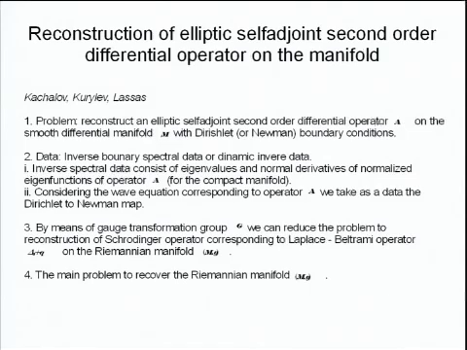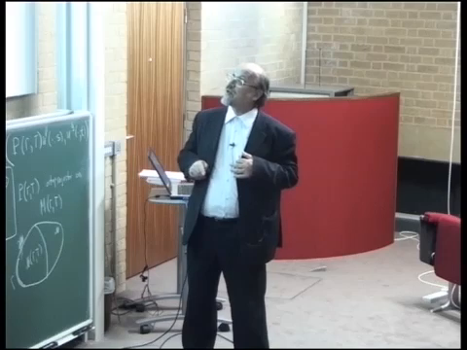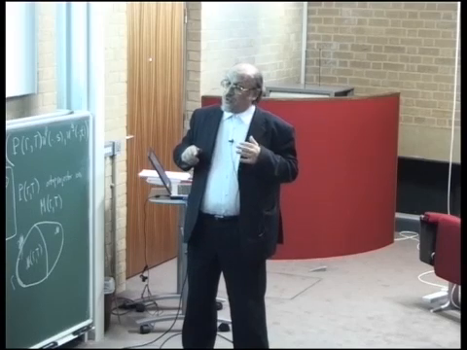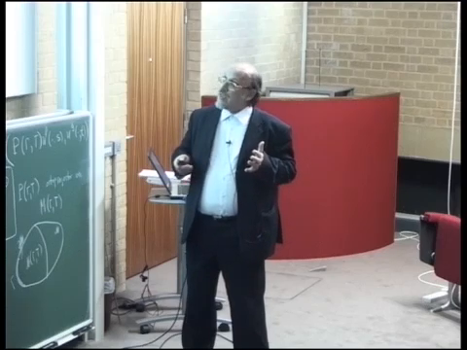I start with a problem which was solved many years ago, more than 10 years, and it's the problem of reconstruction of an elliptic self-adjoint operator, a second order differential operator, on a smooth manifold, compact if it's necessary, maybe not compact, it depends on the problems. We can use different types of data for that.